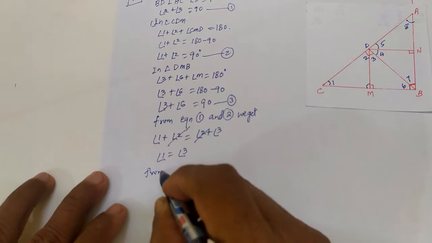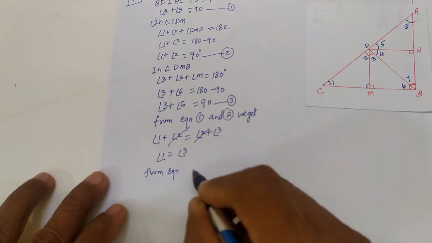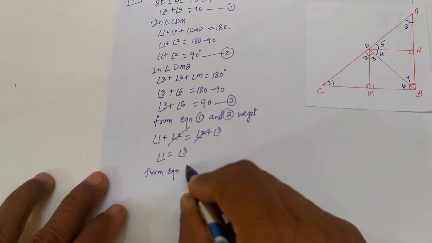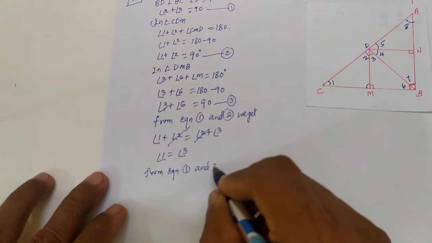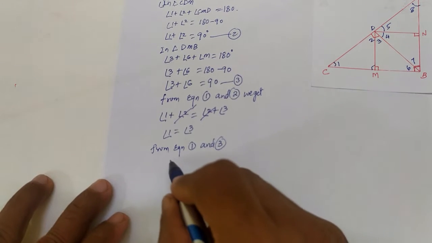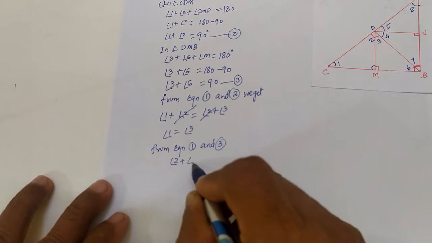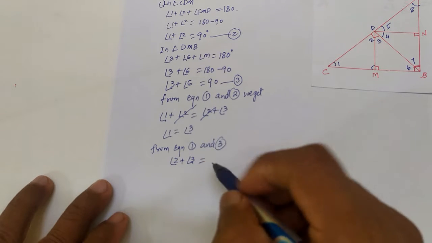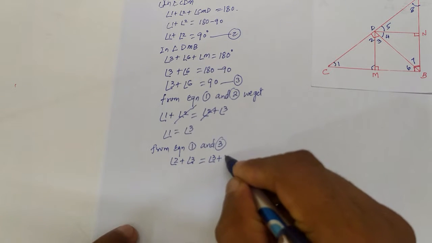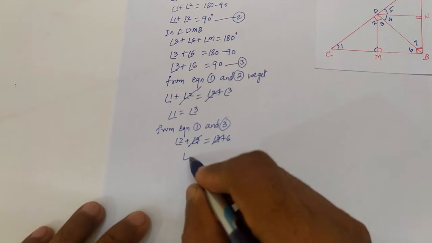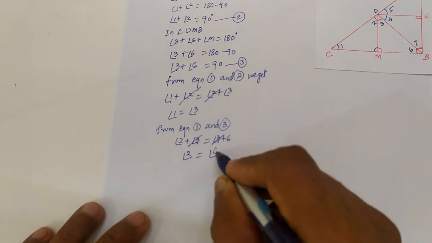So from equation 1 and 3, we can say angle 2 plus angle 3 is angle 3 plus angle 6. So we can cancel angle 3. So we can say angle 2 is angle 6.